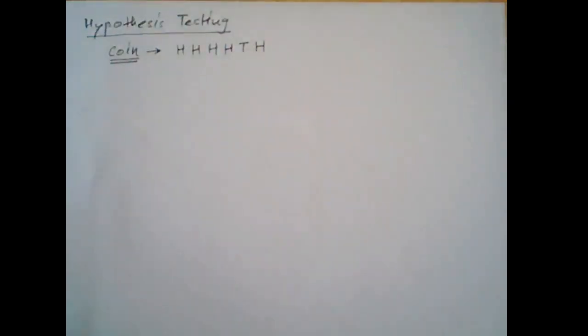Now, seeing 5 heads in 6 trials could actually raise a suspicion with regards to the fairness of the coin. On one hand, if you are skeptical, you may say that, look, after all, 5 heads in 6 trials is very much likely. It can happen by chance. So there is nothing unusual about this coin.